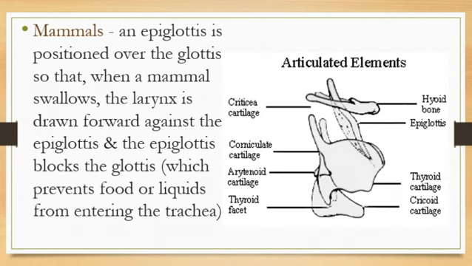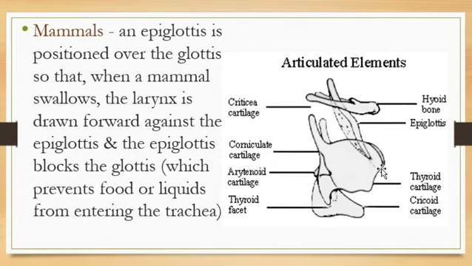So this is the mammal epiglottis, the hyoid bone. An epiglottis is positioned over the glottis so that when the mammal swallows, it covers the larynx.